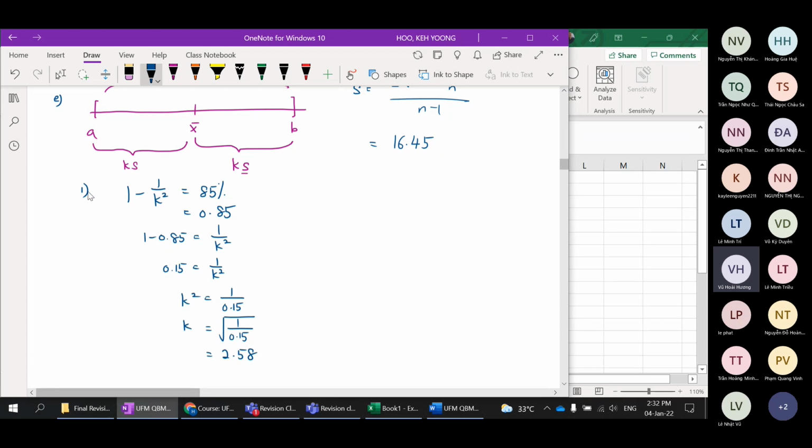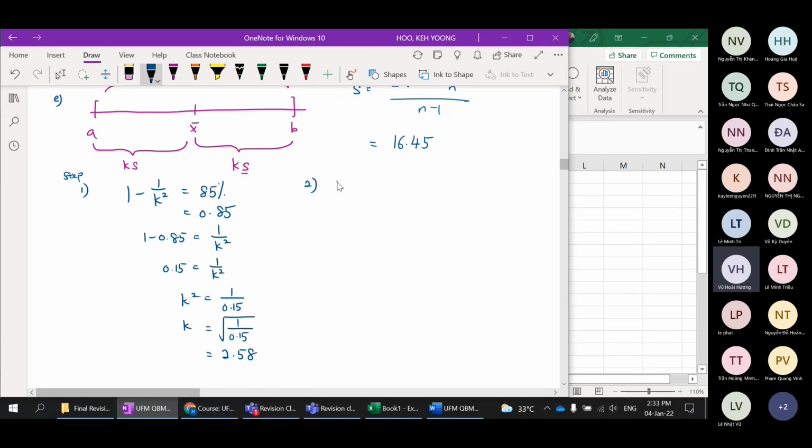Next, step 2 is to find the interval. Now you have 2.58. That means the interval is 2.58 times the standard deviation away from the mean in the middle.